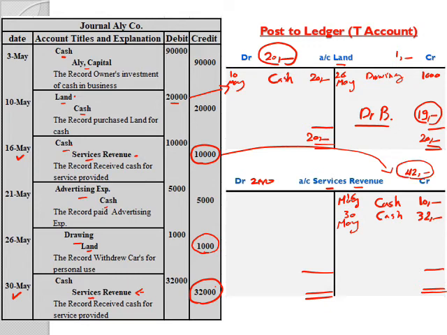Largest: credit side 42 in the credit side, 42 in the debit side. Remaining 42, credit balance. Services revenue normal balance is credit. The balance of this T account must be a credit balance.